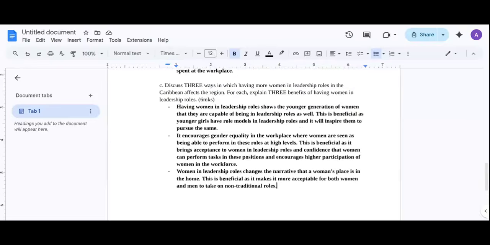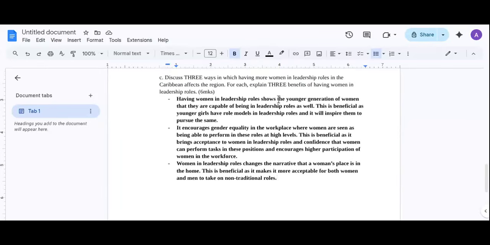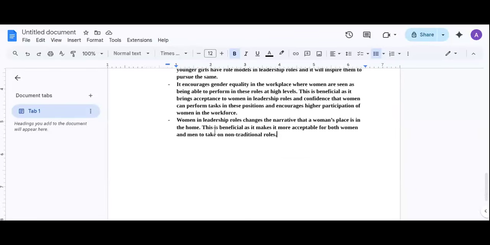So that was for 6 marks each way that you would have discussed and explained. You would have gotten 2 marks each. So you say what your answer is, and then you explain the benefits of having women in these leadership roles. You can do it like this, one after the next for each, or you can do it separately.